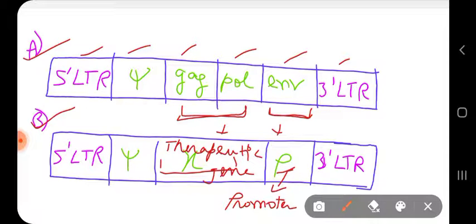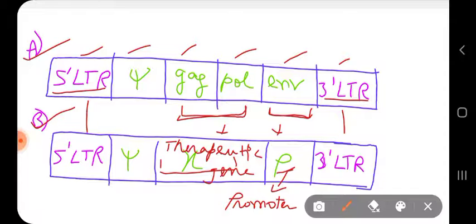It has a 5' long terminal repeat and a 3' long terminal repeat. The 5' and 3' long terminal repeats do not code for any protein. They are non-coding sequences, both of them required for packaging RNA.